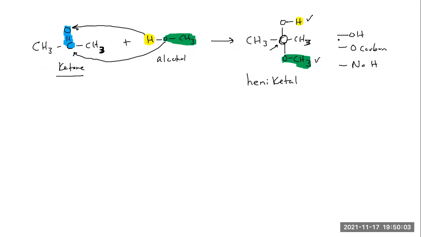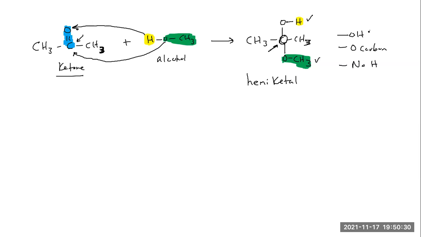We do not see that in the ketone because when we look at our ketone, we did not start with a hydrogen there. So we do not end up with a hydrogen here. So that's a main difference between those two. Any questions on that? Now, this again is what you would get if you just added one alcohol to the ketone.